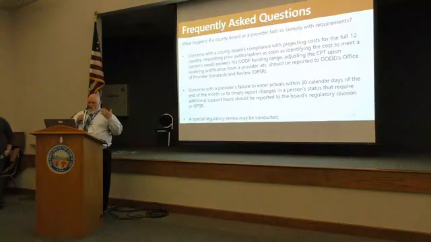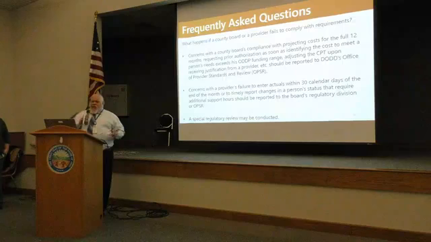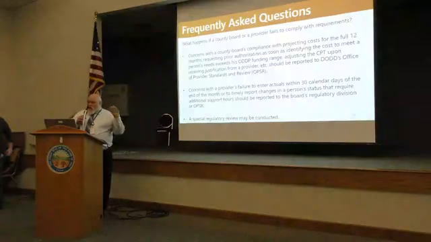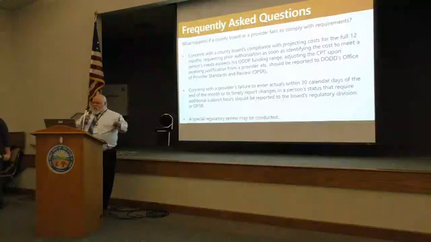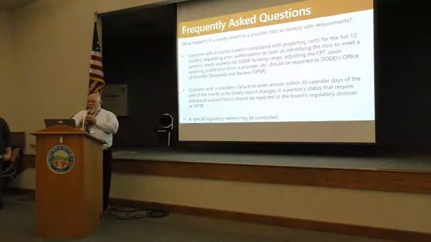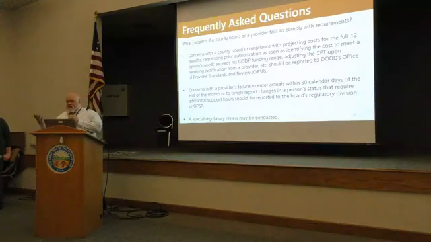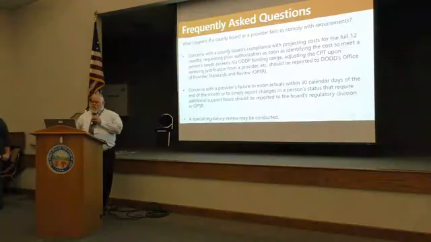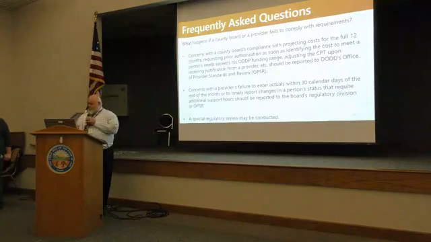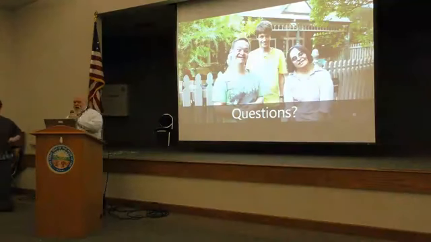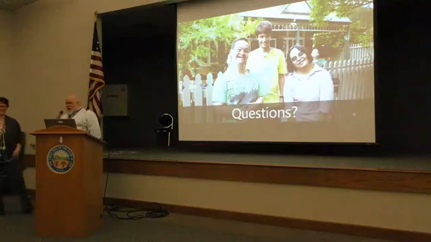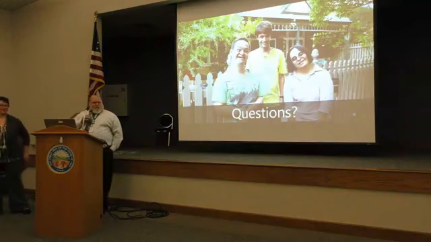In other words, if a provider isn't meeting their requirements within the rule for reporting, then the county board, who can do provider compliance reviews, or OPSR, who also does provider compliance reviews, can look at that and follow through on the normal regulatory process. A special regulatory review may be conducted, as we know, at any time with cause or reason.